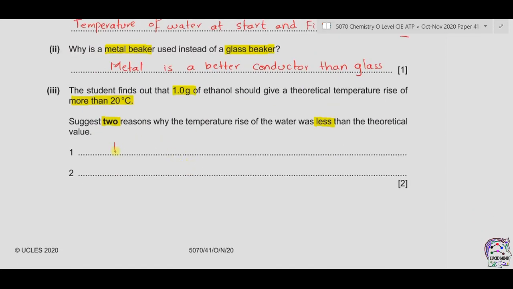So we can write heat or energy is lost to the surroundings. And we can also mention the evaporation of ethanol, that ethanol can evaporate.